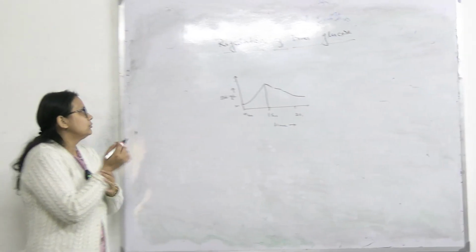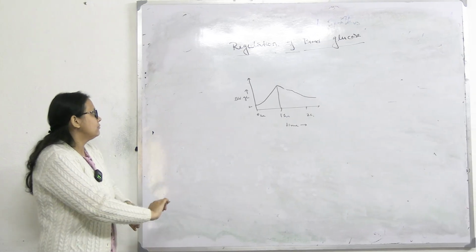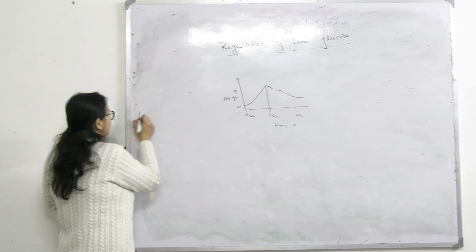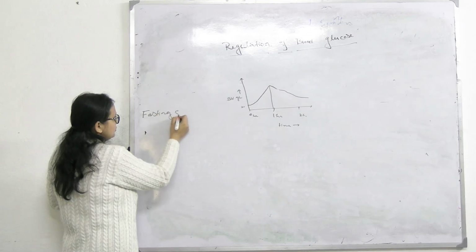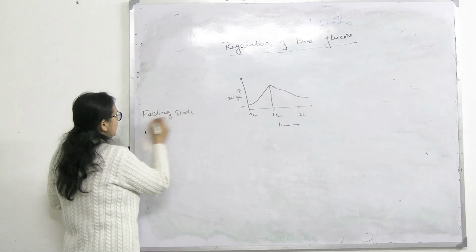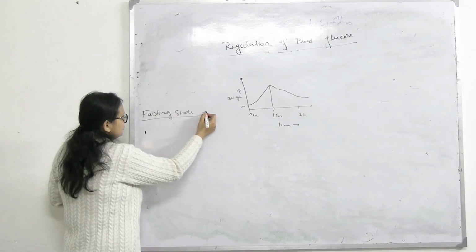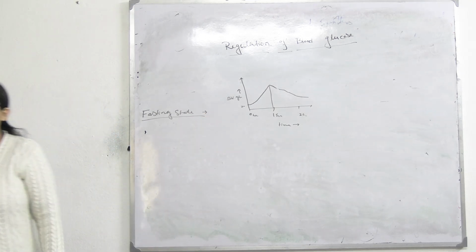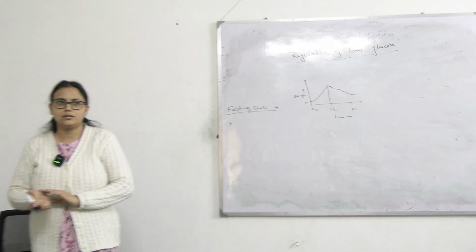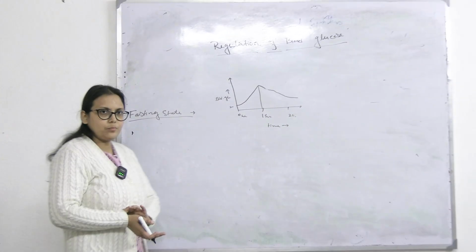So what happens in fasting and fed state? Fasting state means we have not taken food for how many hours? Generally 8 to 10 hours for collection of blood sample.